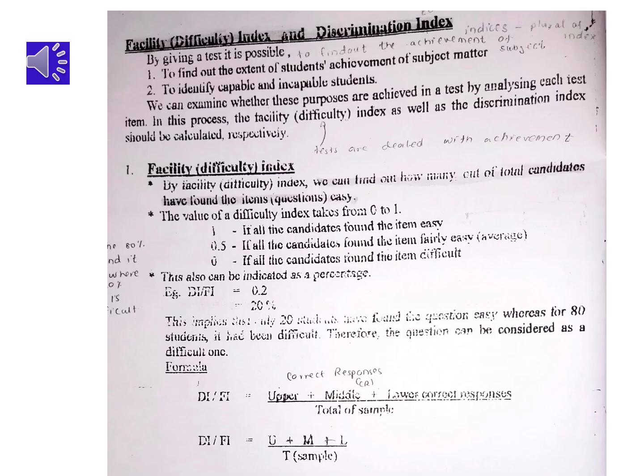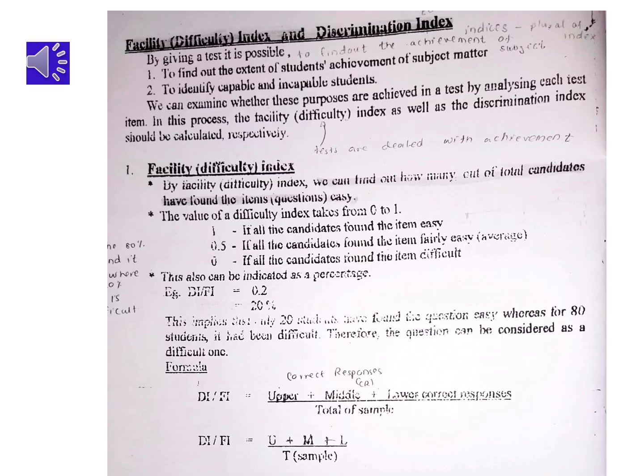If we get the index as 1, then we can say all the students have found the question easy. We are analyzing the questions one by one. Once we have analyzed one question and we get the index, then we can interpret whether that particular question was easy for the students or not. If it is 1, that means all the students have understood the lesson or found the question easy.